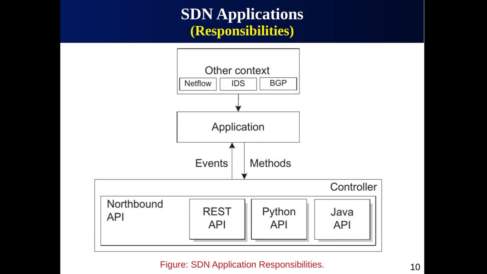The main concept to understand here is that the applications have certain responsibilities, and they have to communicate with the SDN controller with the help of these APIs in the form of events and methods. Okay.